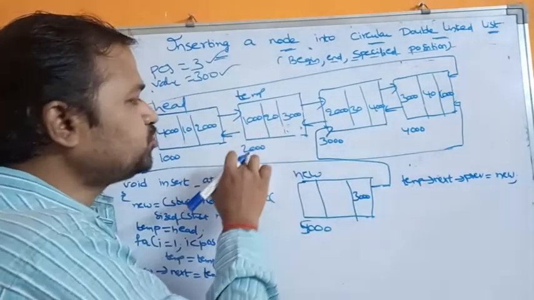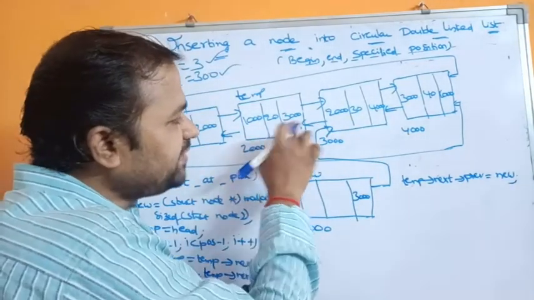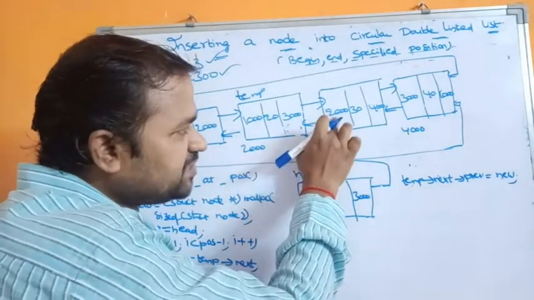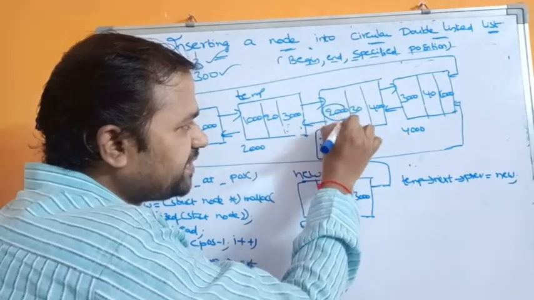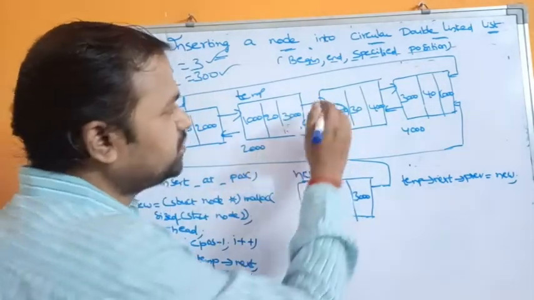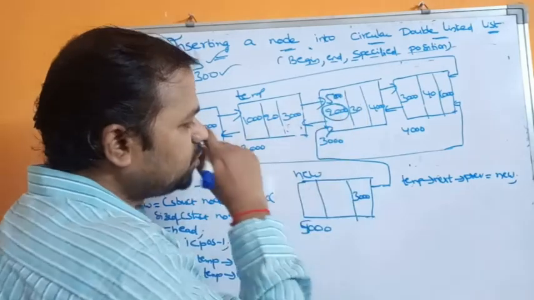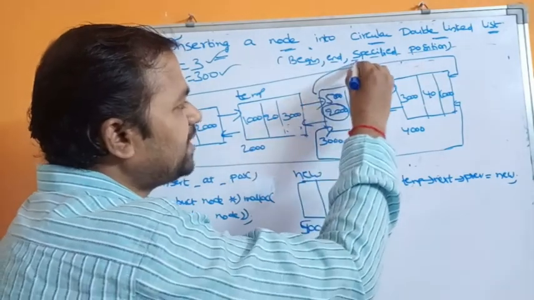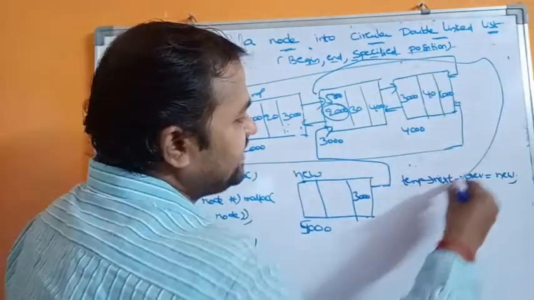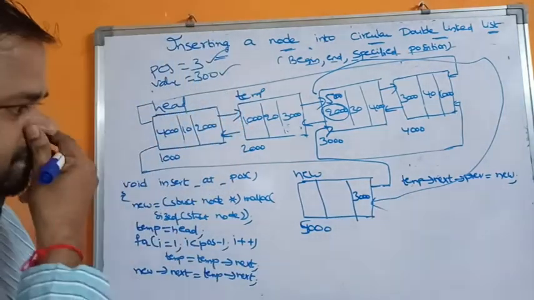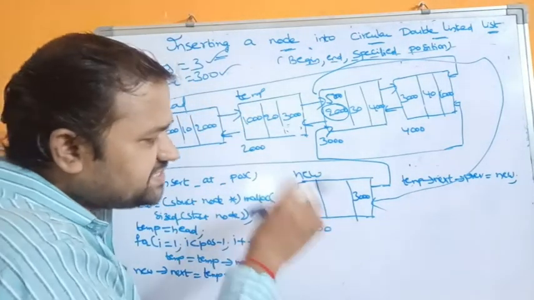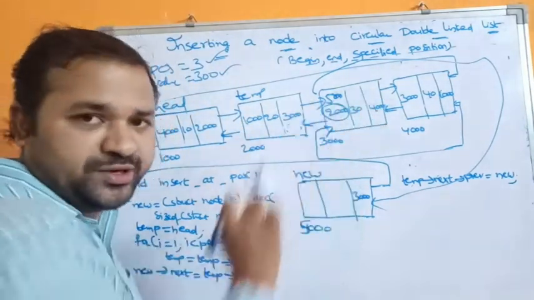So temp means 2000, 2000 next means 3000. What is 3000 previous? In 3000 previous we have to store this new, 5000. So that a link will be formed like this. Okay. So with this, the connections are established from new node to temp next.